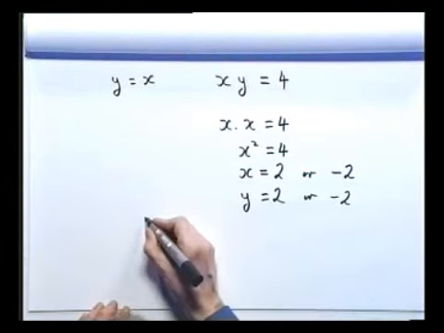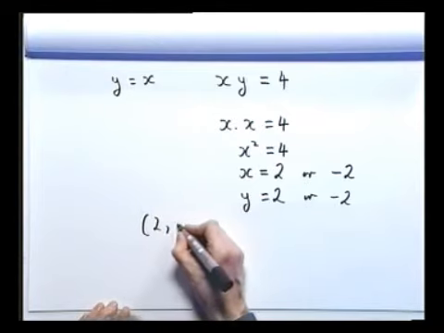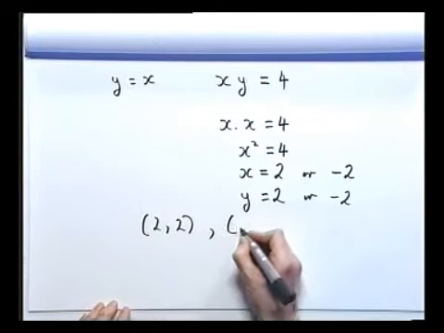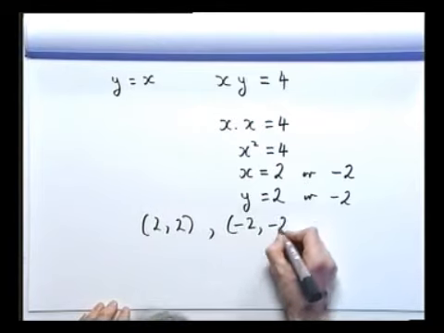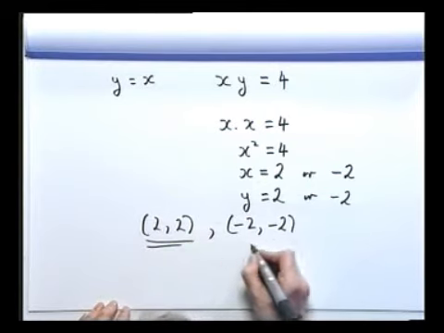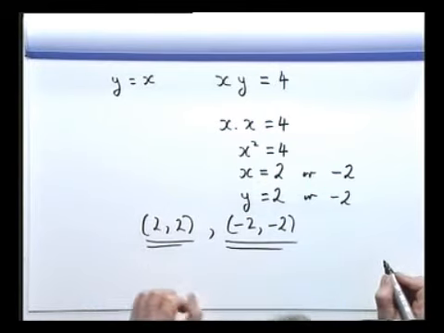And so if x equals 2, then y must be equal to x, so that tells us y equals 2. Or if we take minus 2, y is equal to x, that gives us minus 2. And so our 2 points are (2, 2) and (minus 2, minus 2). Those are the 2 points where the normal meets the curve.